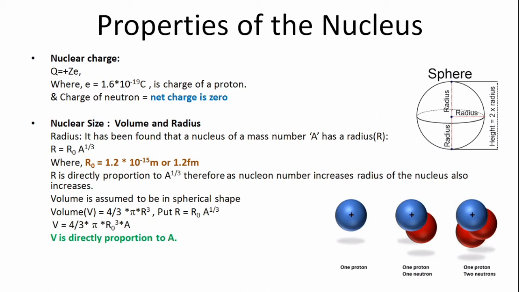Then we get V, that is the volume of a nucleus, is equal to 4 by 3 pi r naught cube into A. The important thing here is that volume is directly proportional to nucleon number, or its mass number A.